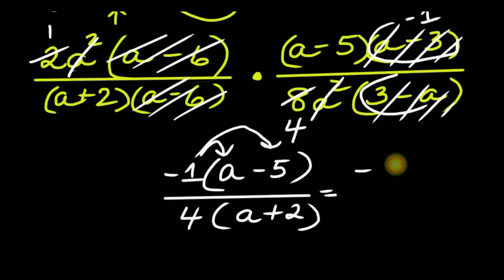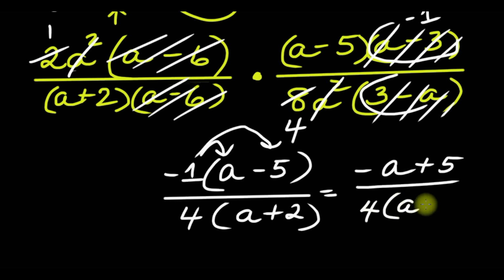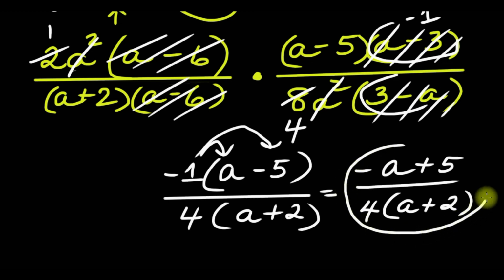I have negative a plus 5 all over 4 times a plus 2. Okay, and this is the final answer. So this takes us to the end of this lesson on simplifying, multiplying, and dividing rational expressions.